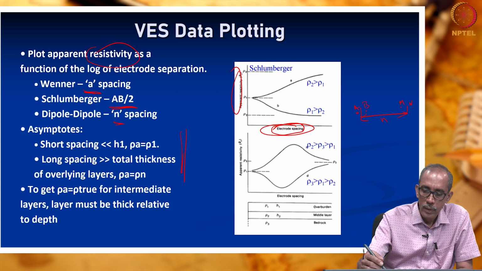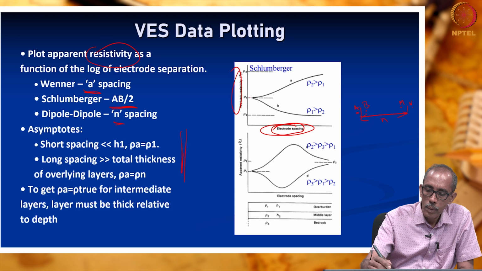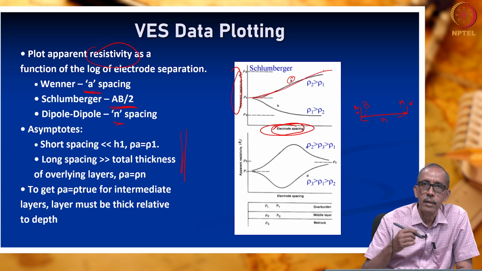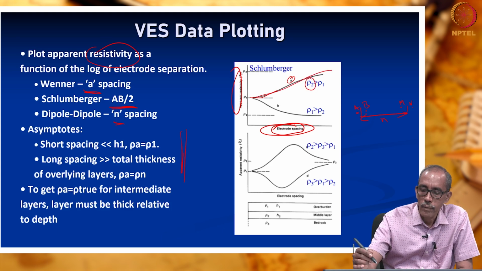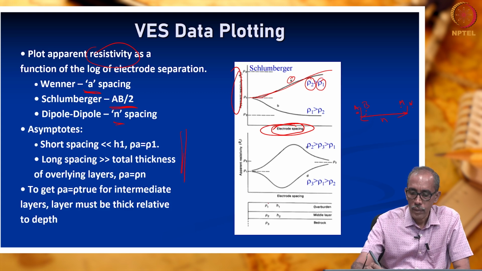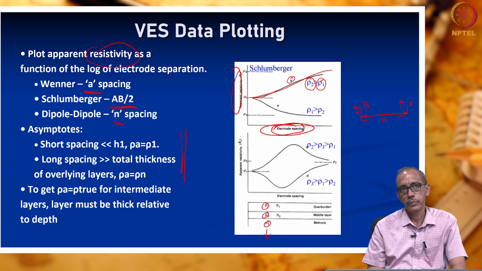Here is one plot, first plot A. The resistivity is continuously increasing. That means the lower layer resistivity is greater than the upper layer resistivity. Rho 1 refers to the resistivity of the topmost layer, rho 2 is the second layer, rho 3 is the third layer and so on.